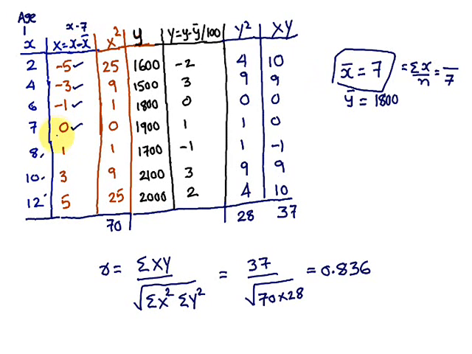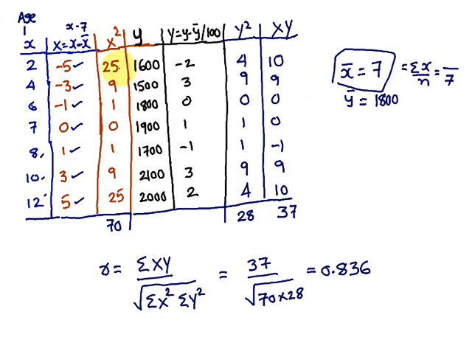Next, 8 minus 7 is 1, 10 minus 7 is 3, 12 minus 7 is 5. So what you are doing is subtracting the average from the ages, and you are going to get capital X.